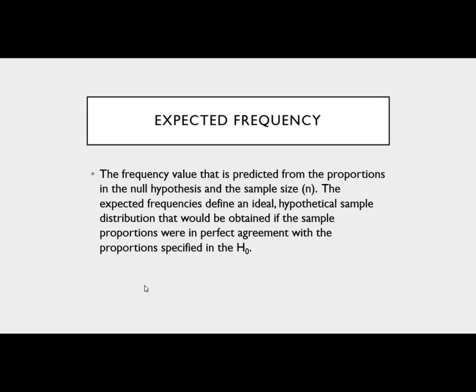The expected frequencies define an ideal hypothetical sample distribution that would be obtained if the sample proportions were in perfect agreement with the proportions specified in the null. So if we said that the expected frequency of males and females in the population is 50 and 50, 50%, 50%, that is what we would find if it were in perfect agreement with the proportions specified in the null.